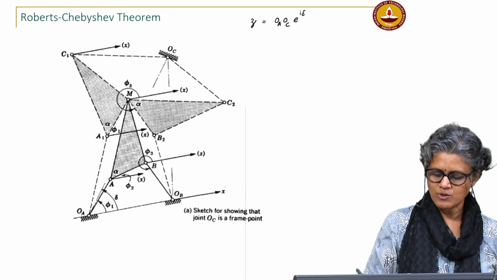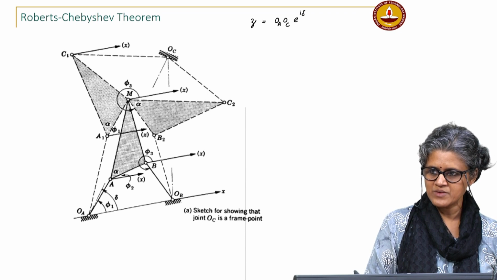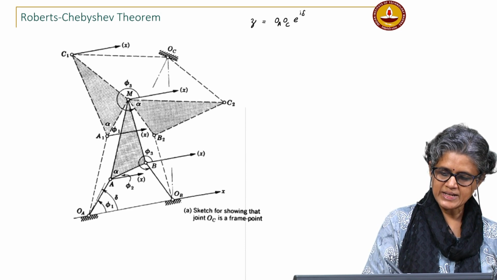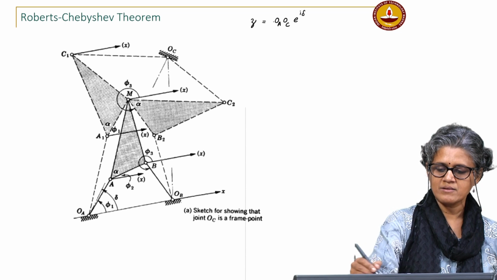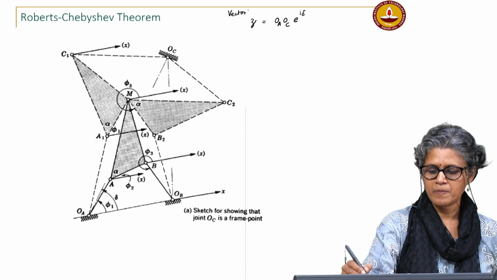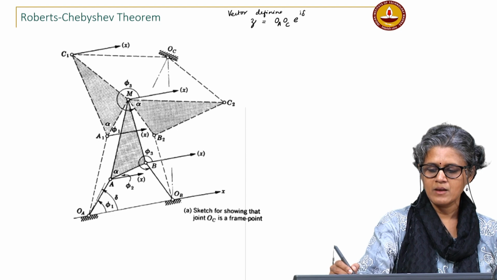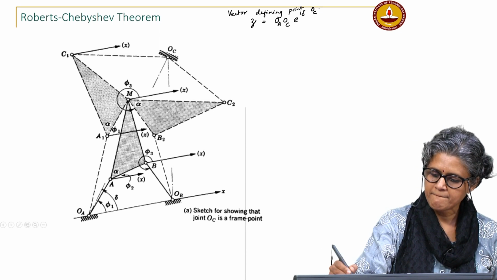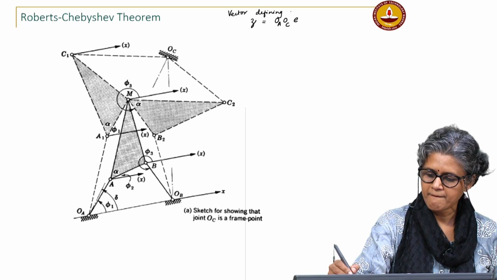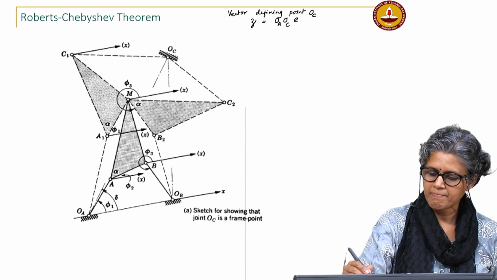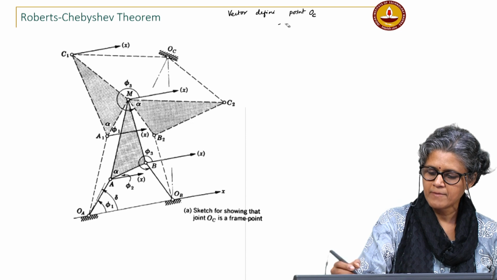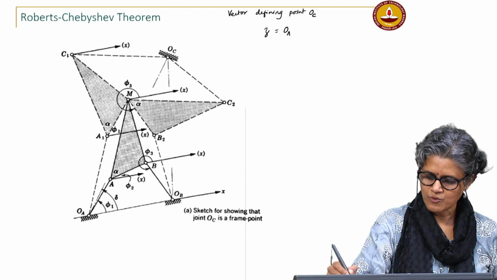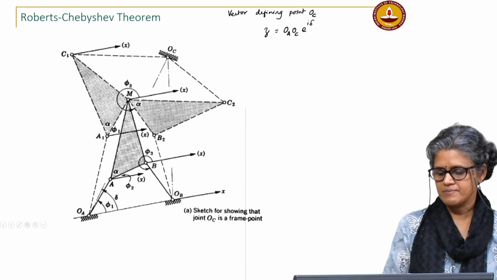I am taking the coordinate system with the x aligned with the frame just for simplicity, and if that makes an angle delta, then the vector defining point OC is OA, OC, e power I delta.